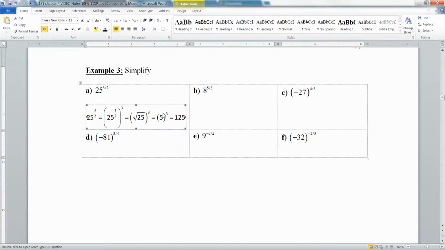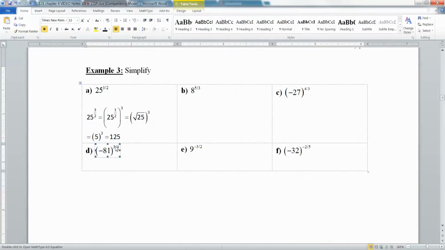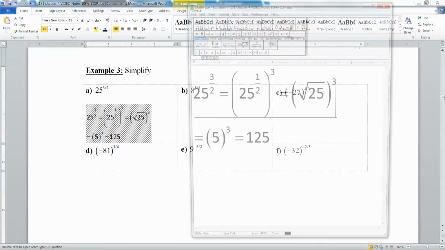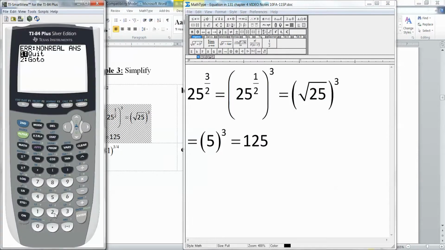Now I did quite a bit of math in my head on that one, so let me make sure everybody's okay with that. So here, let me bring it up. So I went from 25 to the half, and then you don't have to write the square root part if you don't want to. So you can just do 25 to the half. And if you don't know what it is off the top of your head, you can say, okay, I want 25 to the parentheses 1/2. And again, new calculators don't need to. Oops. See, I didn't do the caret. I did a division symbol accidentally. Let me go back in here.